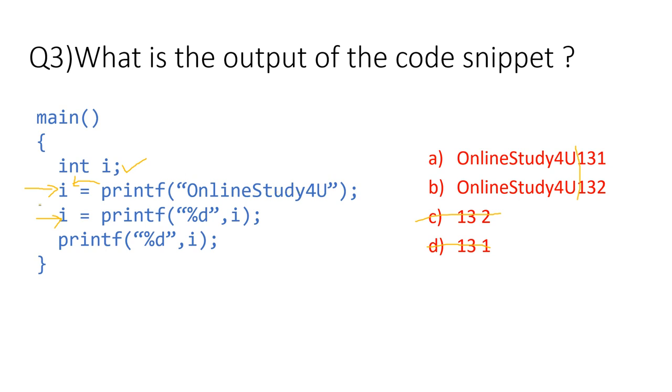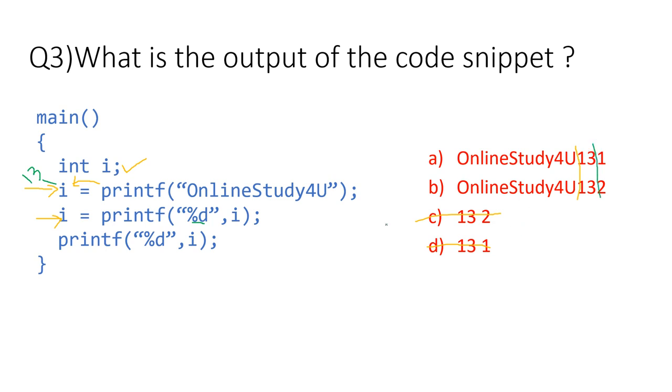So 13 is the size of this, so that is why this is going to store 13 in I. So you have 13 stored in I. So in the next one it prints 13, so both of them print 13.